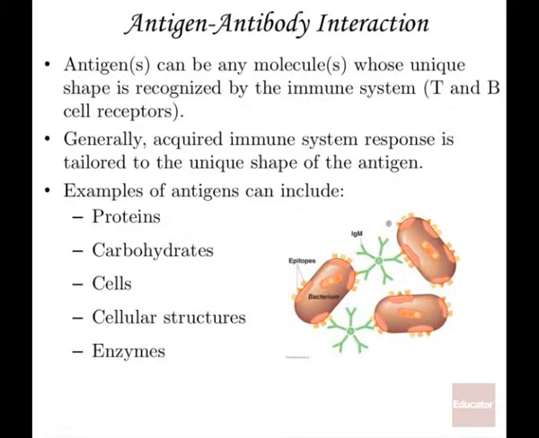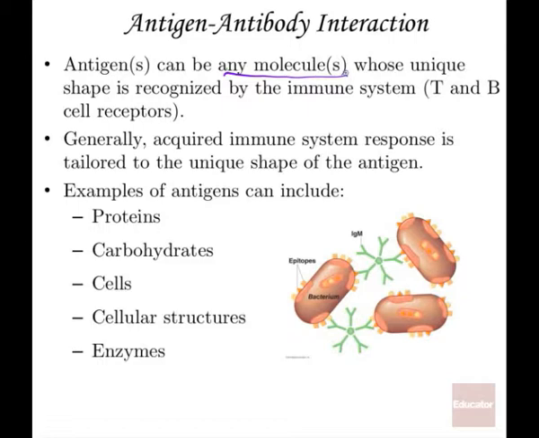So, the antigen-antibody interaction: really the antigen can be basically any molecule, and its unique shape is recognized by the adaptive immune system, most notably the T cells and the B cells. And once the unique shape of the antigen is recognized, then the immune system launches a series of different cytokines and different cells and different mechanisms by which that pathogen can be eradicated.